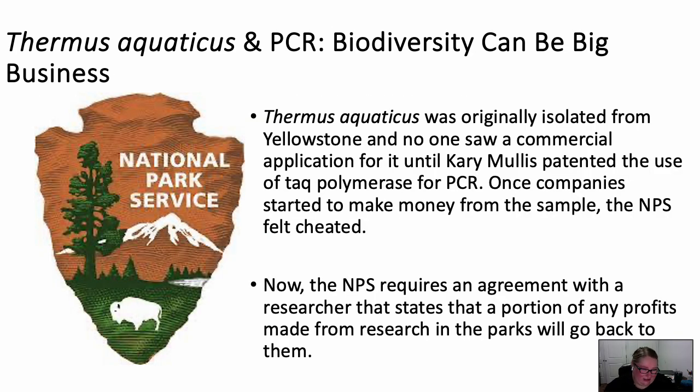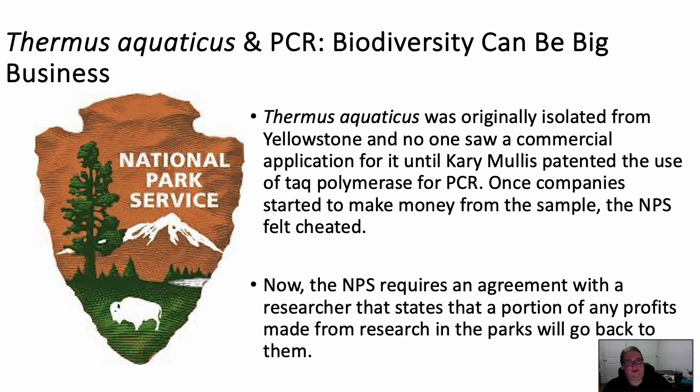One of the things that came out of this application of Thermus aquaticus and the discovery of Taq polymerase is that we learned that biodiversity, so having those extremophiles, could lead to making a lot of money. Kary Mullis, with his invention of PCR and the use of Taq polymerase, patented that and has made billions of dollars since then.